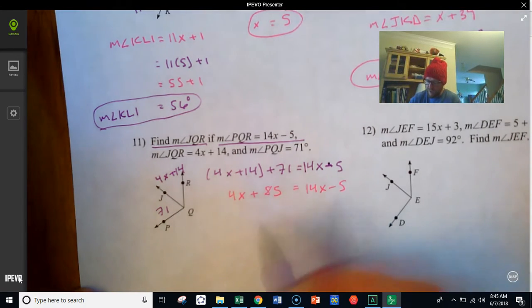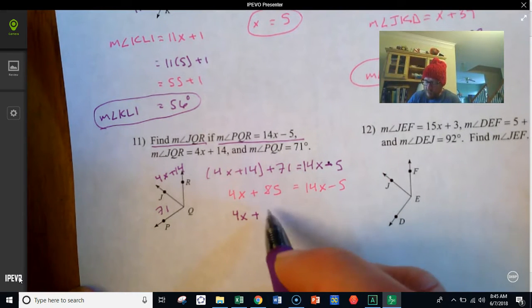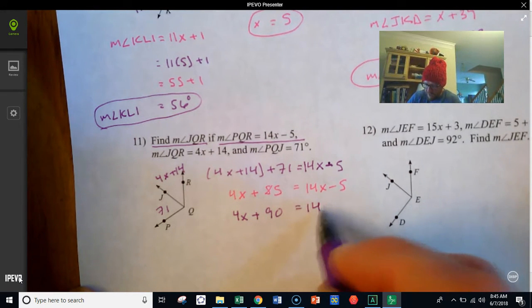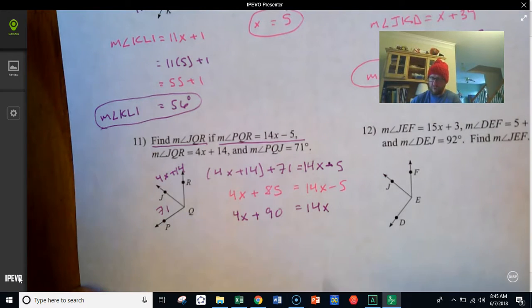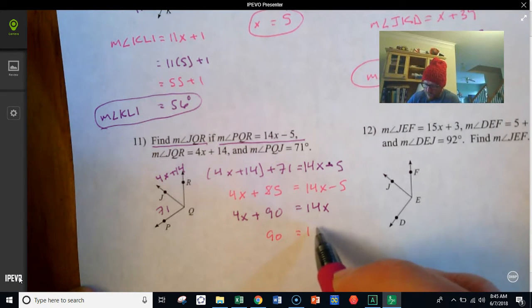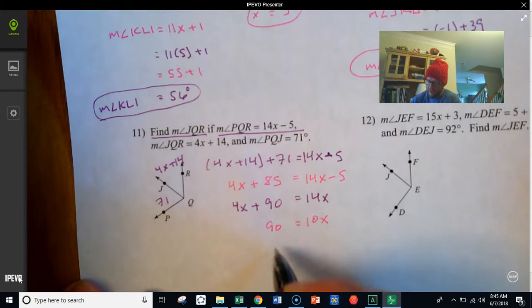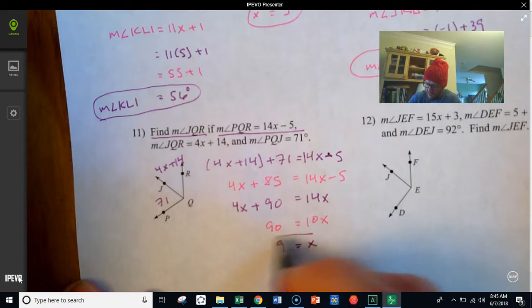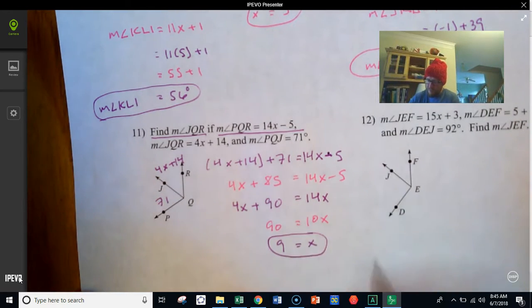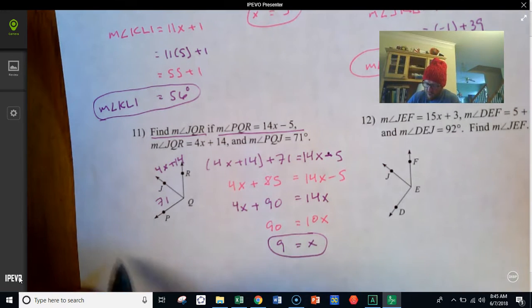We're going to add 5 to both sides. 4x plus 90 equals 14x. Now I'll take 4x away from each side. That leaves us with 90 equals 10x. Divide by 10 on both sides. 9 equals x. Now we're trying to find JQR.